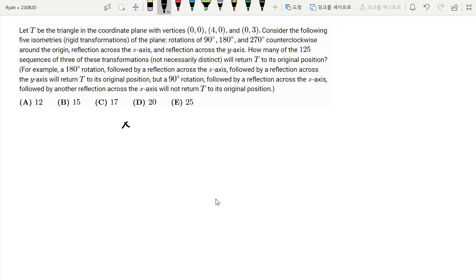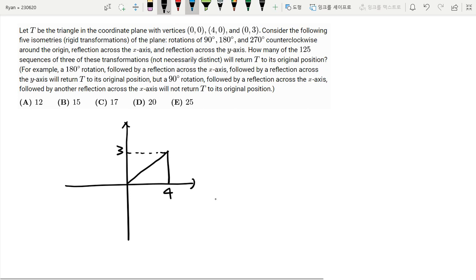Let me show you an example. When there is a triangle, if we make the horizontal reflection, this way, and then we make a vertical reflection, the vertical reflection makes this one, and to go back to the original position, we need to make this 180-degree rotation.